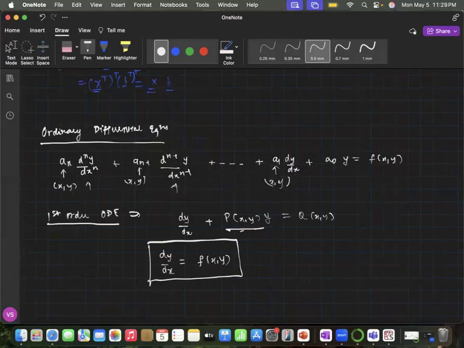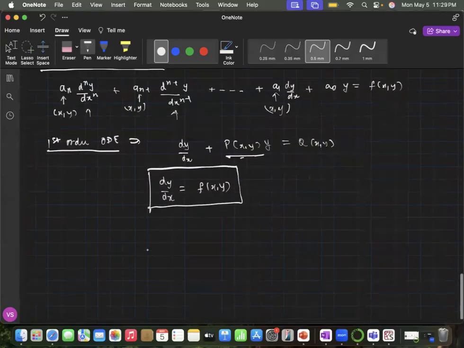So any first order ODE can actually be written in this form. Now this becomes a first order ordinary differential equation, and since it has one derivative in it, we'll need one condition to solve this problem, right?